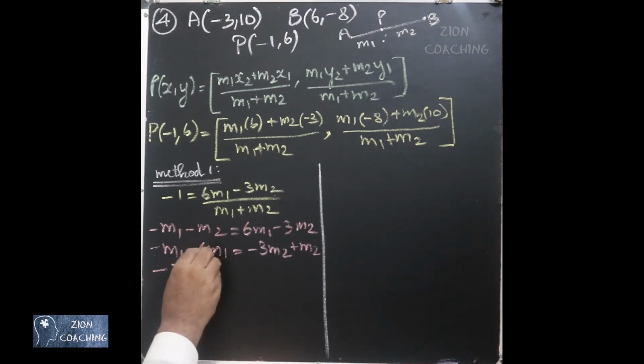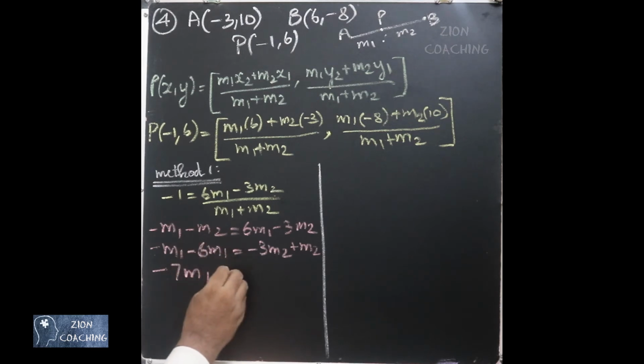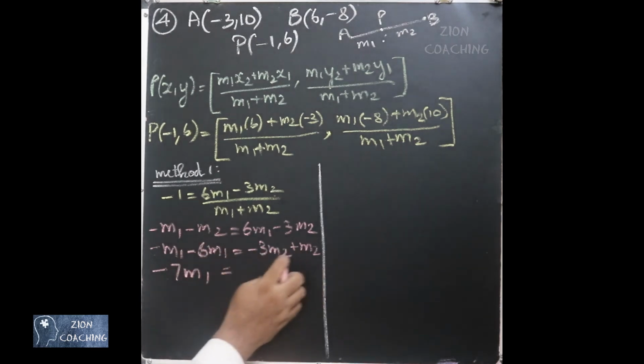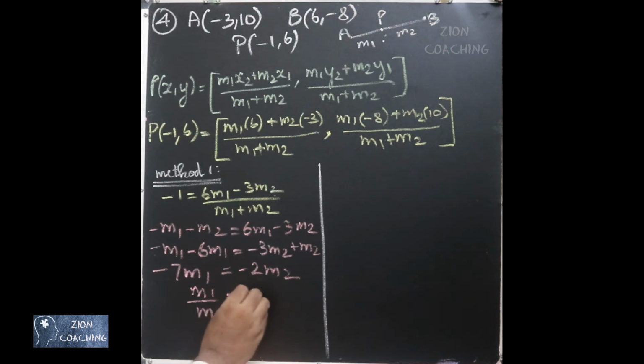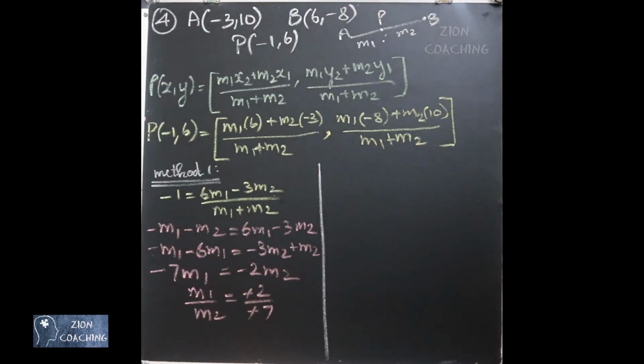Now we have -7m1 because -1 -6 is going to be -7. So we have -7m1 equal to -3 plus 1 is -2, -2m2. Now bring the m2 to this side, take -7 to that side. You will have m1 by m2 equal to -2 by -7. Minus and minus will get cancelled.